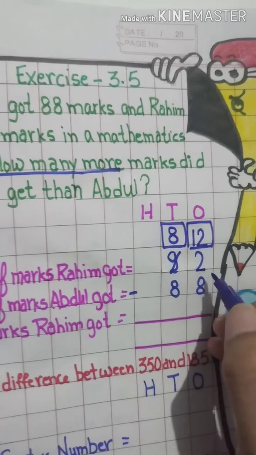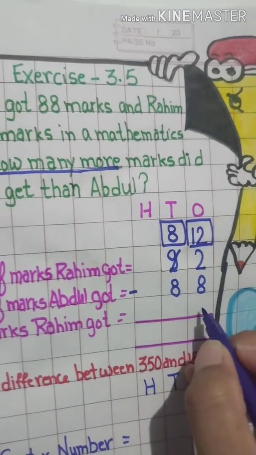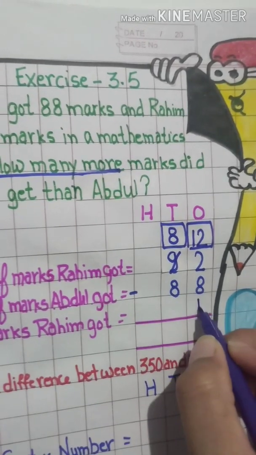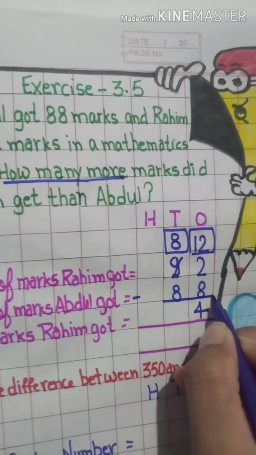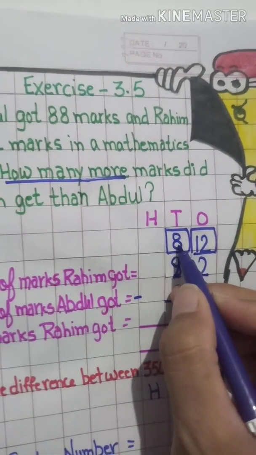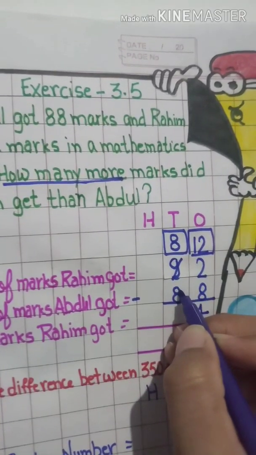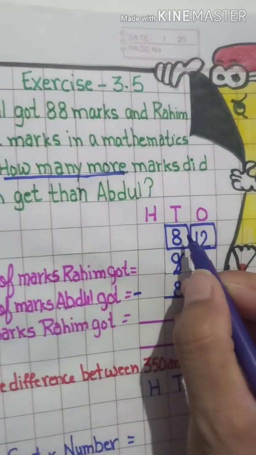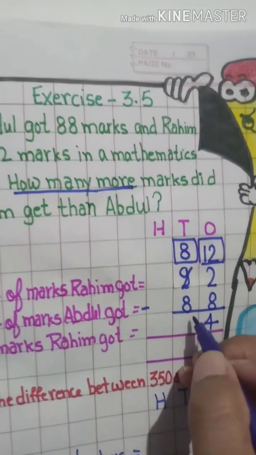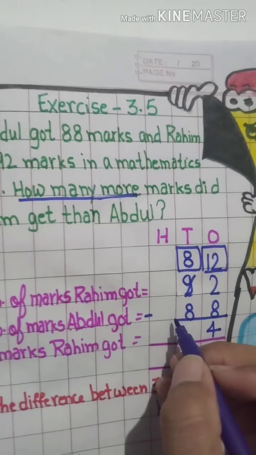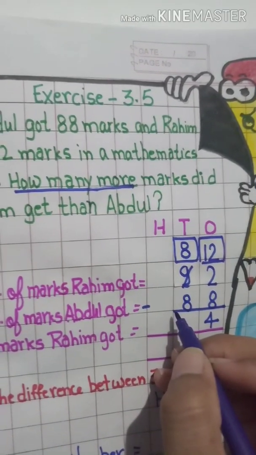What will you get if you subtract 8 from 12? We will get 4. And here now you can see 8 and 8. If two digits are the same, it means if you have two pencils and you had given two pencils to me, now how many pencils do you have? 0, because you had given all the pencils to me.